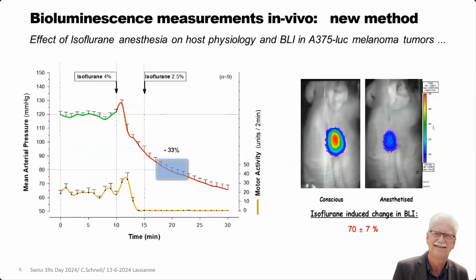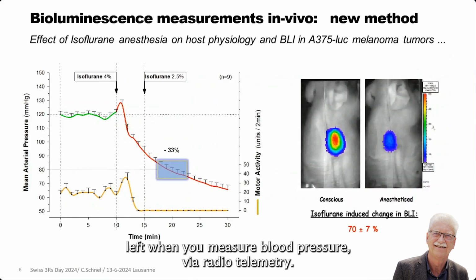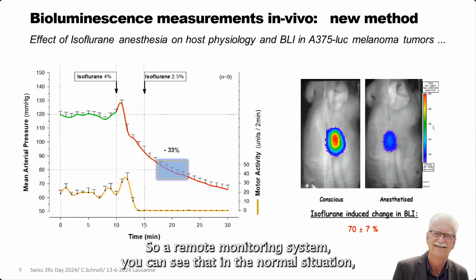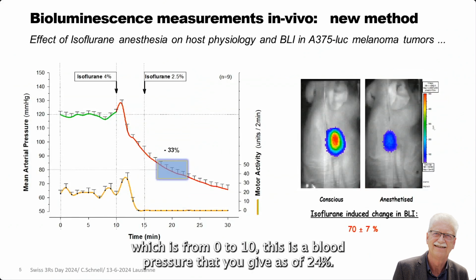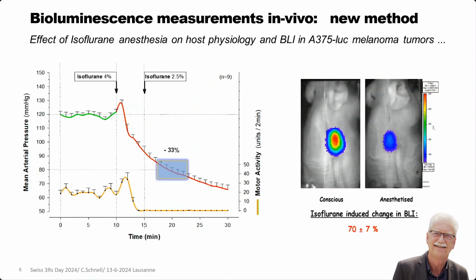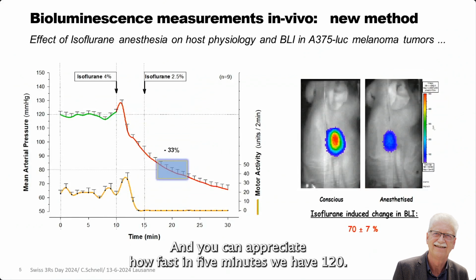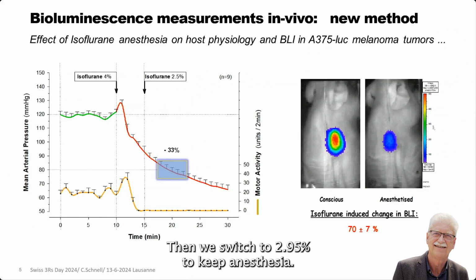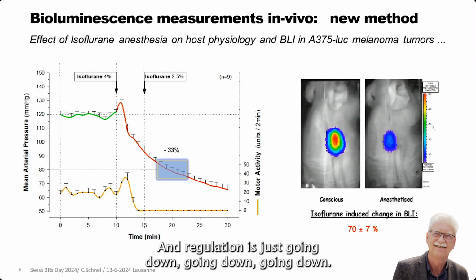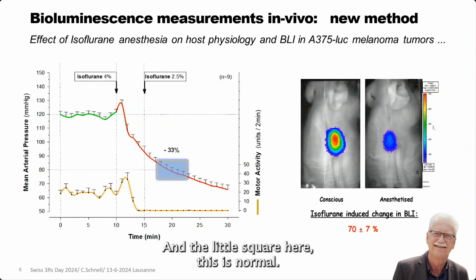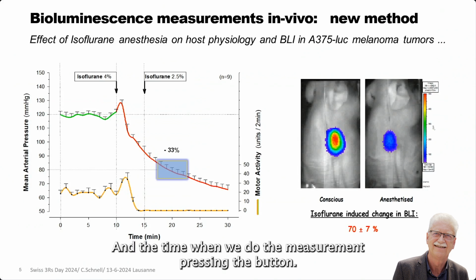And you can see here on the left, when you measure blood pressure via radiotelemetry, a remote monitoring system, that in the normal situation, which is from 0 to 10, this is the blood pressure, then you give isoflurane 4%, and you can appreciate how fast, in 5 minutes, we go from 120 to 90, then we switch to 2.5% to keep anesthesia, and blood pressure is just going down, going down, going down. And the little square here is normally the time when we do the measurement, pressing the button.